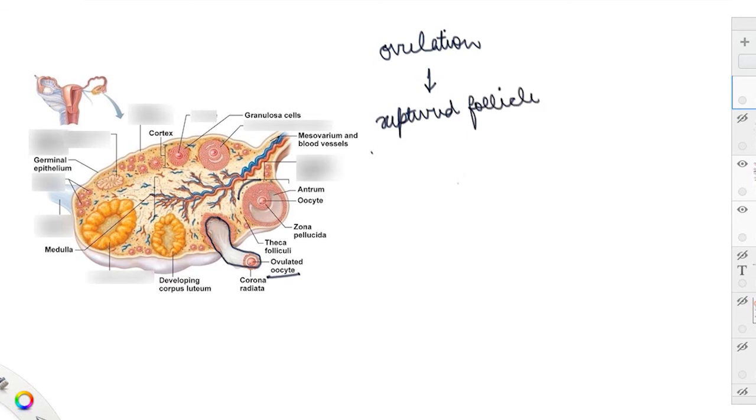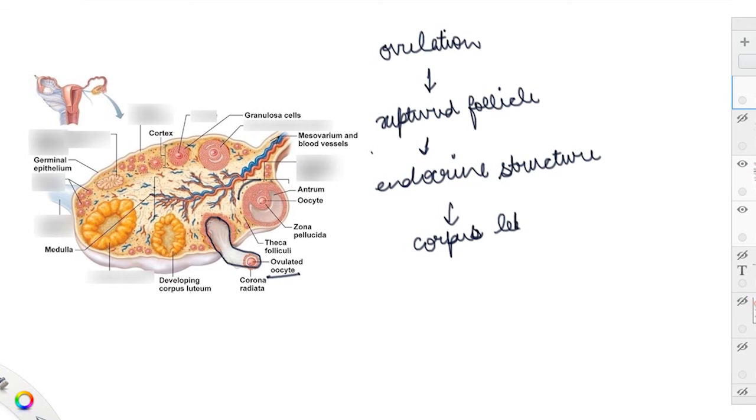This ruptured follicle leads to an endocrine structure. I am repeating again and again so that you are not confused at any point. After the release of this secondary oocyte, the ruptured follicle develops into an endocrine structure. And what is this endocrine structure known as? It is known as the corpus luteum.